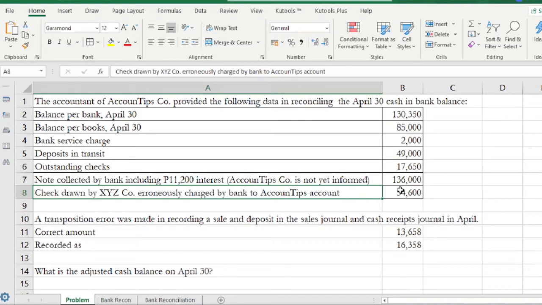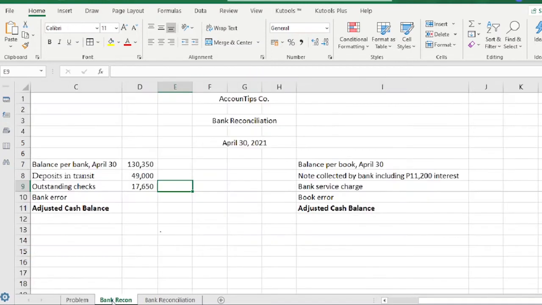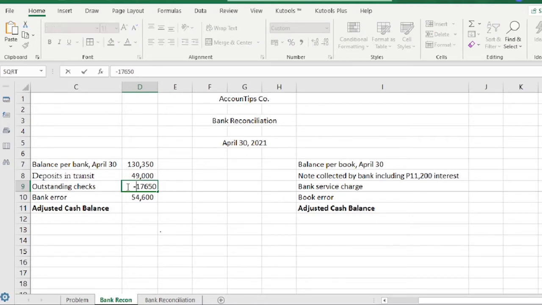What we have to do is to add back this amount to the balance per bank. So we will input 54,600 in our bank error. There. Now, before continuing, I have to put a negative sign in the outstanding checks to indicate that this will be deducted to the balance per bank.